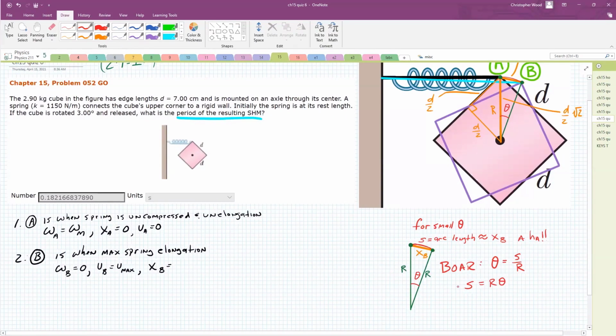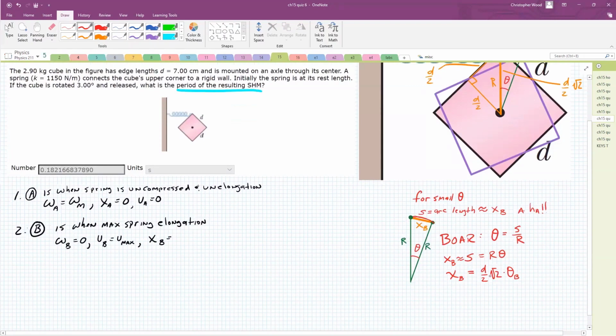X sub B is approximately S, which is equal to R theta. So X subscript B is approximately equal to D over 2 root 2 times theta. I better use theta B. Okay, that's that.